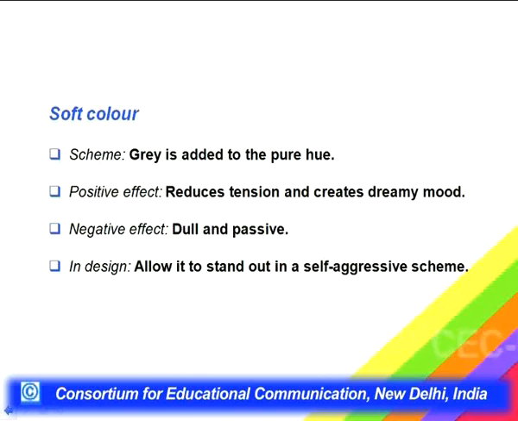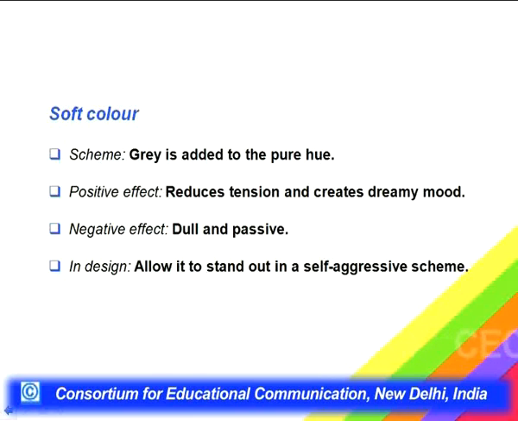Soft color scheme. This color scheme is made not from the color wheel, but by making the colors light. And how can you make the color light? Mix gray or white with a pure hue, then it will be very light.